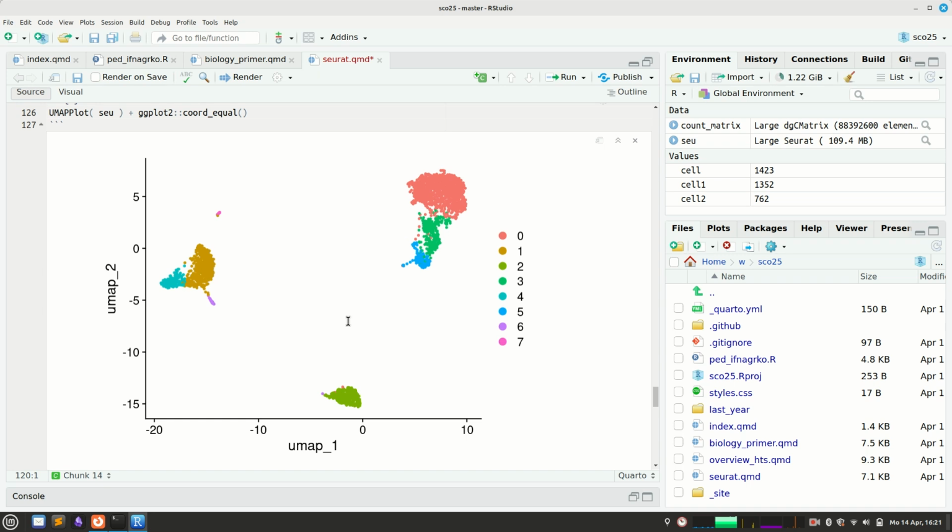Then if you're a biologist, you know there are four types of mononuclear cells: B cells, T cells, natural killer cells, and monocytes, I think.